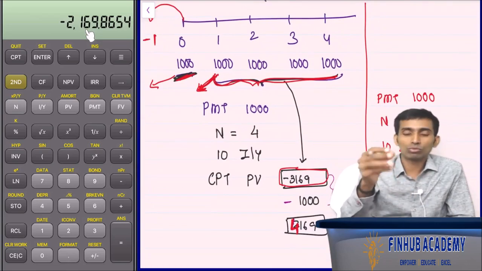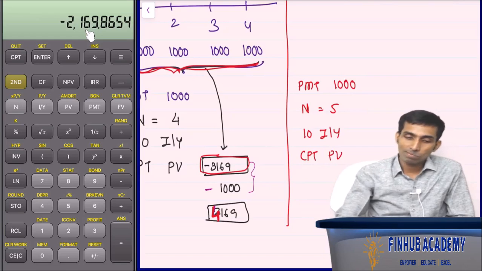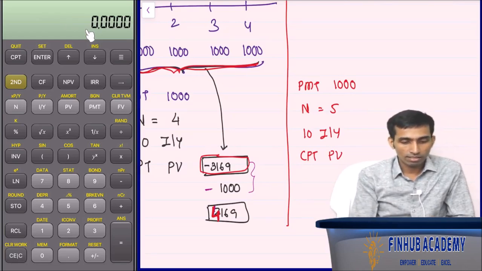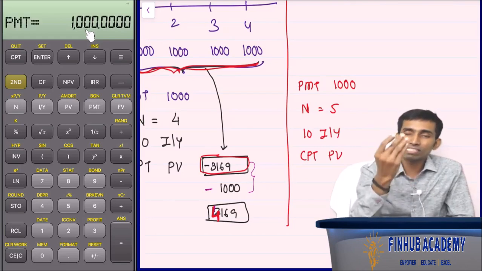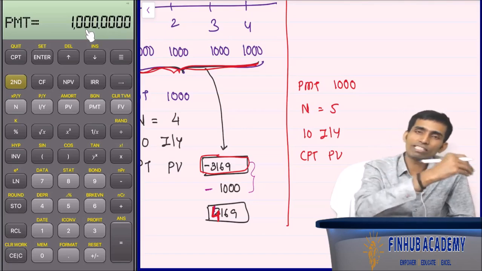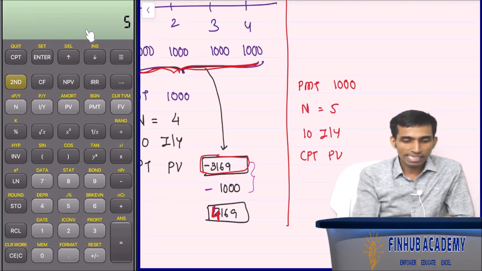So what will I have to do? See, one minute. My calculator is designed in such a way that when I calculate the present value of an amount, it gives me the value one year back. So 1000 PMT, 5 is my N because 5 installments were there, 10 I/Y.